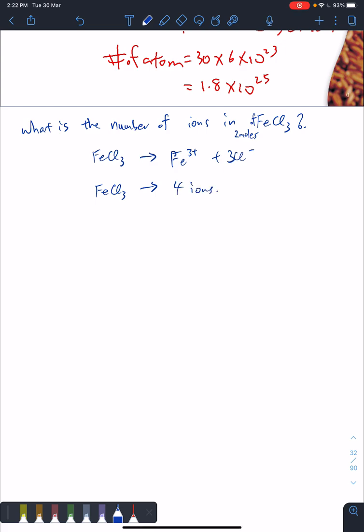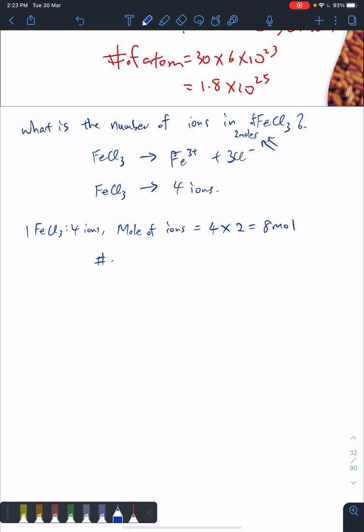Second step, change to mole. You are already given mole, so it's fine. And third step, you can just do your mole ratio. So 1 FeCl3 is to 4 ions. So there's a times 4 factor here. So mole of ions equal to 4 times 2 equal to 8 mole.